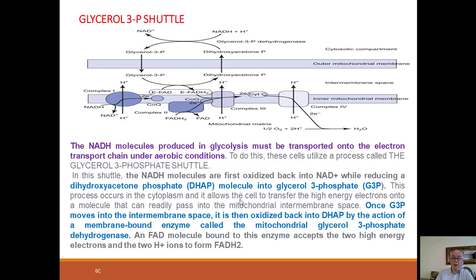We have two types of glycerol-3-phosphate dehydrogenase enzyme, cytosolic and intermembrane space type.